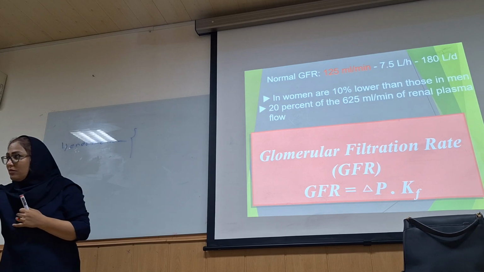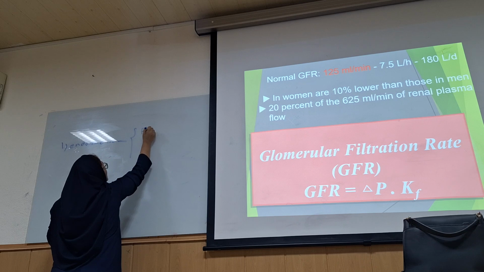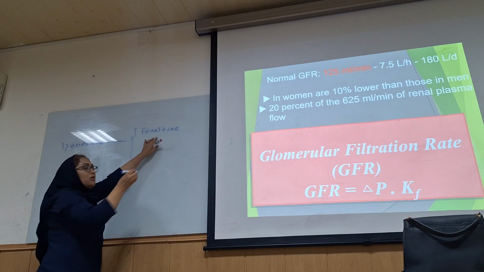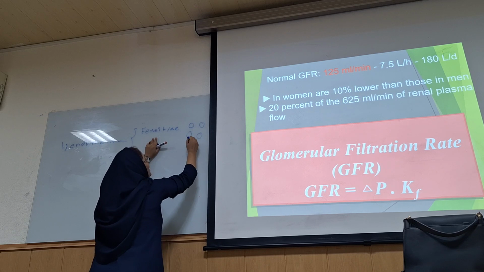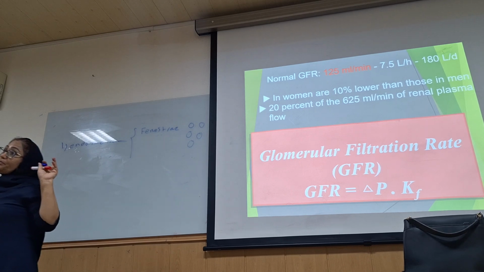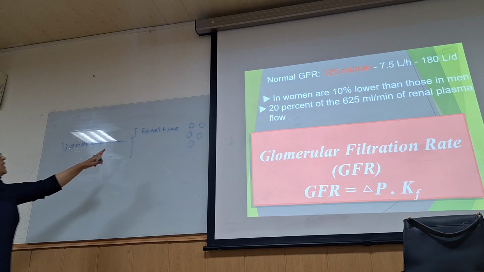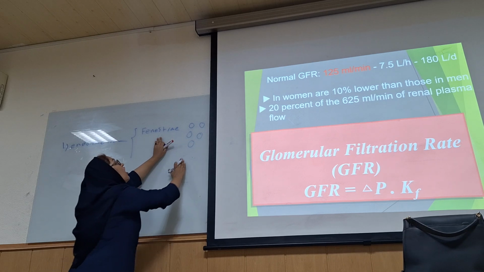These perforations are called fenestra. The fenestra doesn't allow any substance larger than the holes to pass. It means it separates substances based on size.